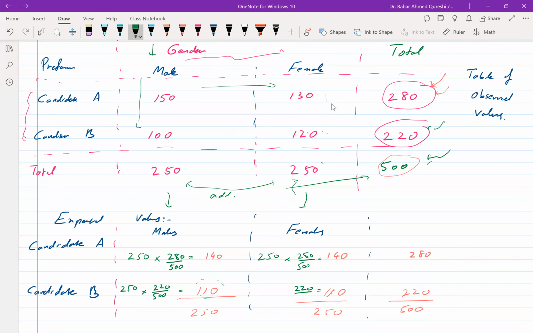So again, this 110. Now I have these numbers, which are the expected outcomes, and then I have the observed outcomes.